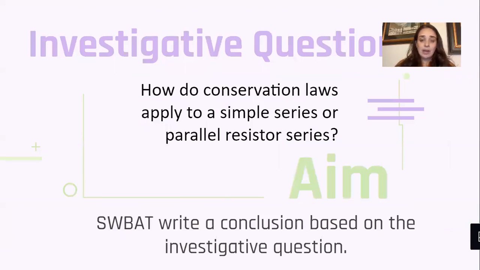All right, so again, as just a reminder, the investigative question was, how do conservation laws apply to simple series or parallel circuits? Okay, so the aim for today is going to be able to write a conclusion based on this investigative question.